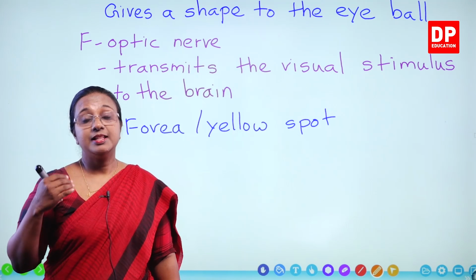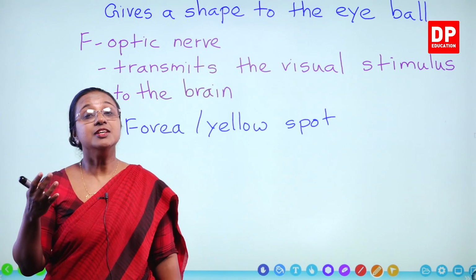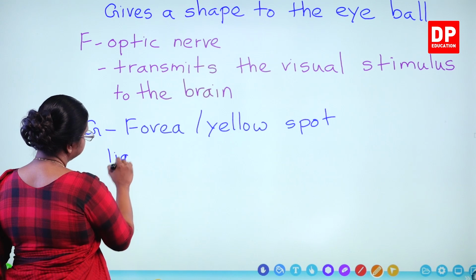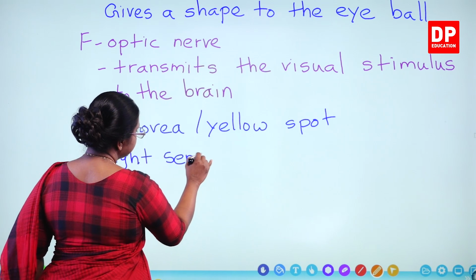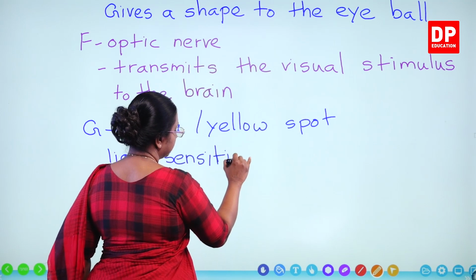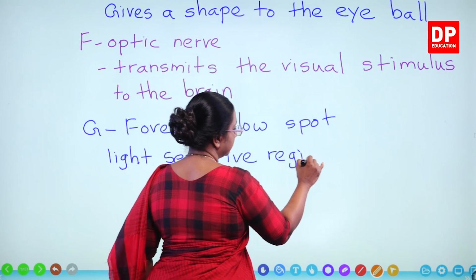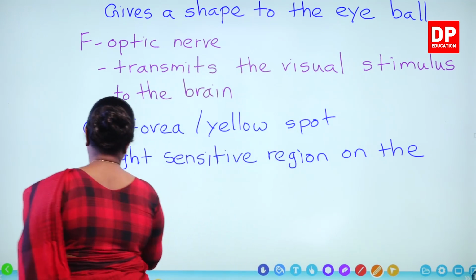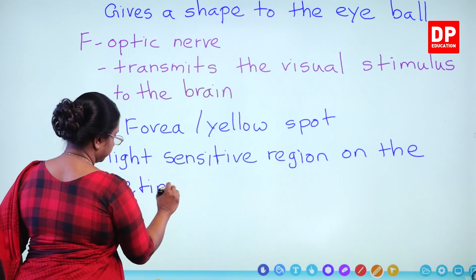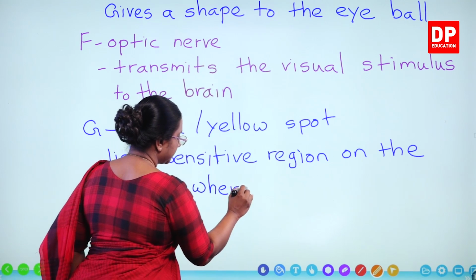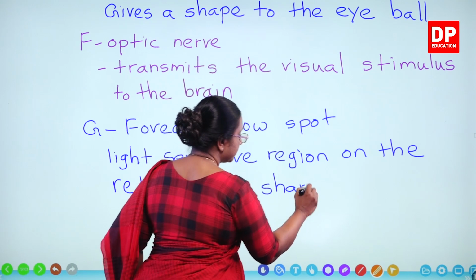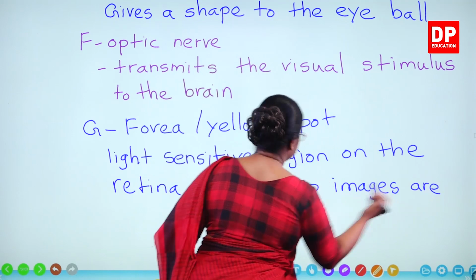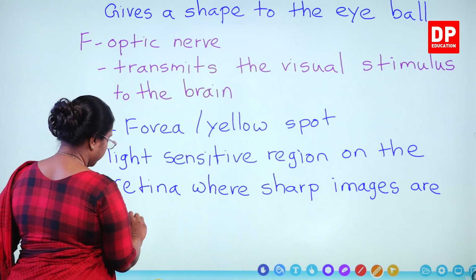That is the light sensitive region on the retina where sharp images are formed.